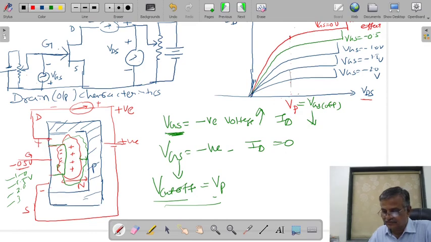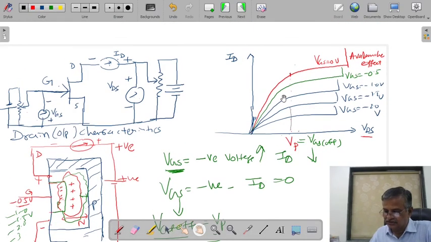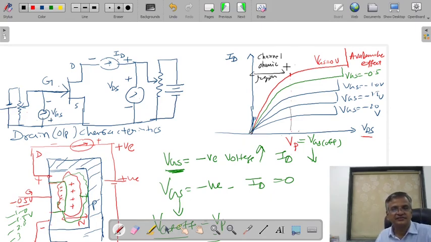Look here. Yes, this is your Vp. Here this region is called channel ohmic region. Why? It follows Ohm's law. Voltage increases, current increases. So channel ohmic region.